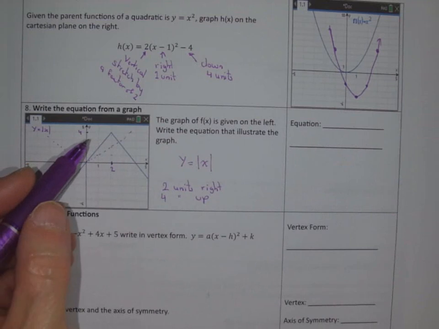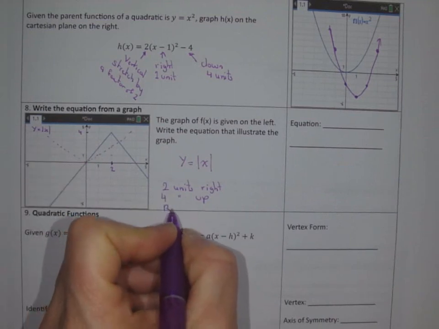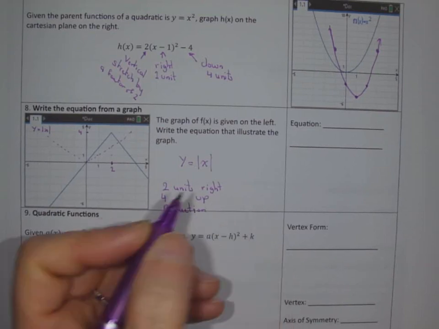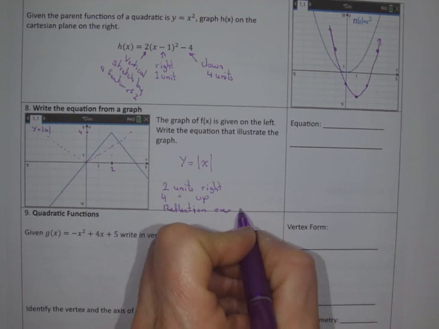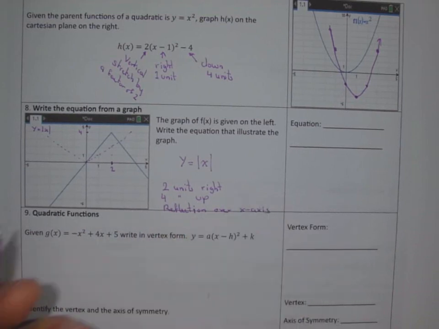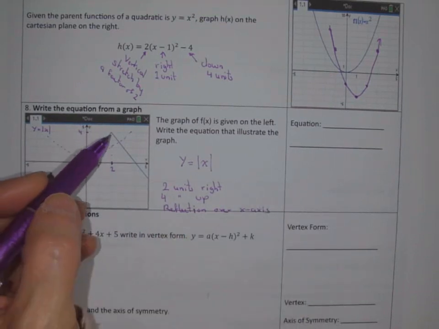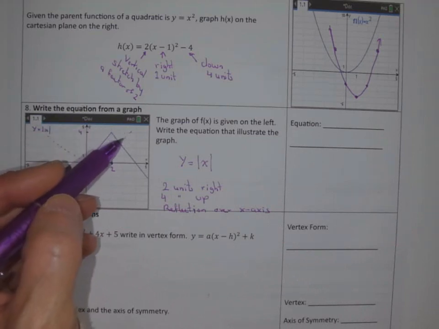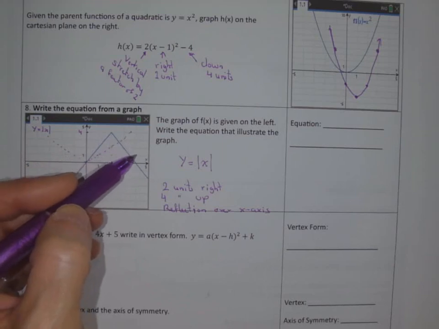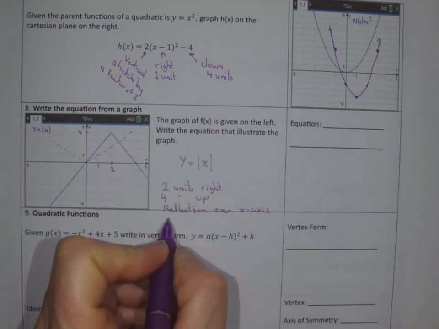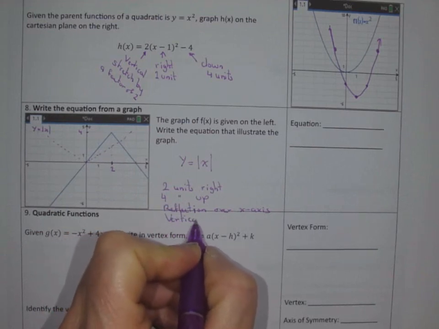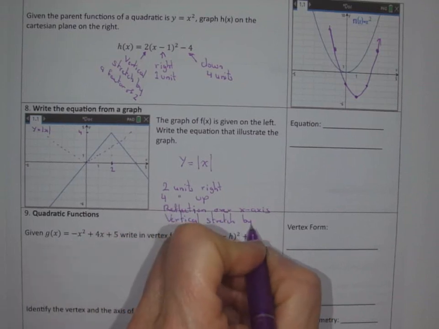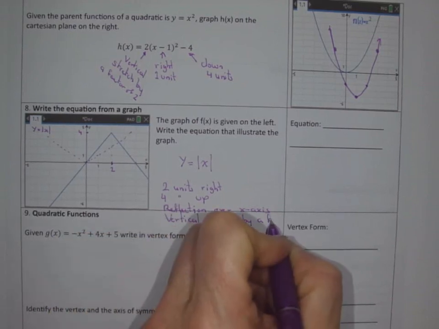And then it's being reflected, and do we have a vertical stretch? Yes, we do have something because we go over 1, 1, 2, over 1, 1, 2. So there is a vertical stretch by a factor of 2.